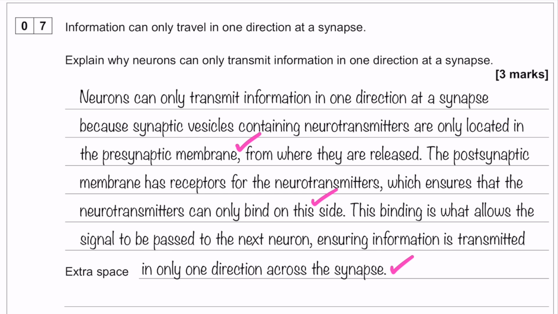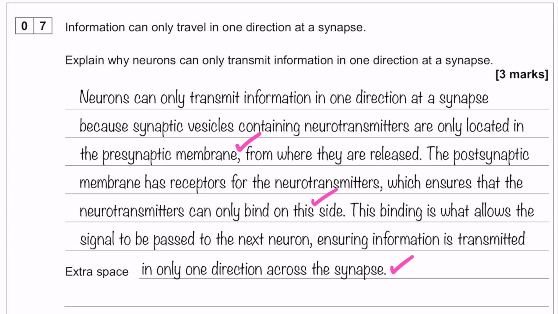Now, obviously, there are other things that you can say here as well, particularly if you're a biologist. For example, you might want to talk about how the diffusion of the neurotransmitters means that they can only go from high to low concentration within the synapse, so they can only travel from the presynaptic to the postsynaptic membrane. That would also be fine and would also get you a mark.